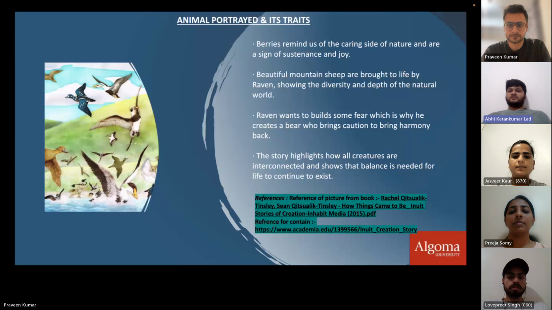That is why he creates a bear who brings danger in order to bring harmony back. The beautiful mountain sheep are brought alive by Raven, showing the diversity and the depth of the natural world. So the story highlights how all the creatures are interconnected and that balance is needed for life to continue to exist. Next.